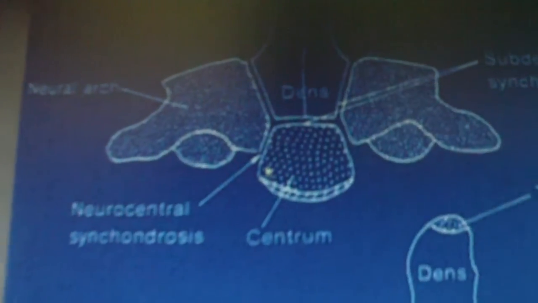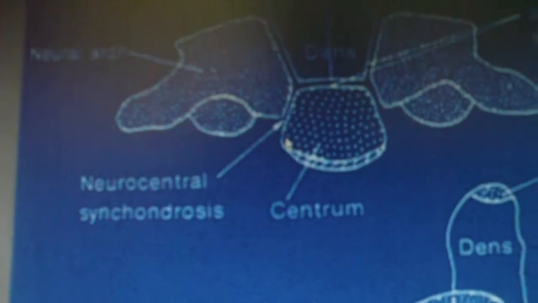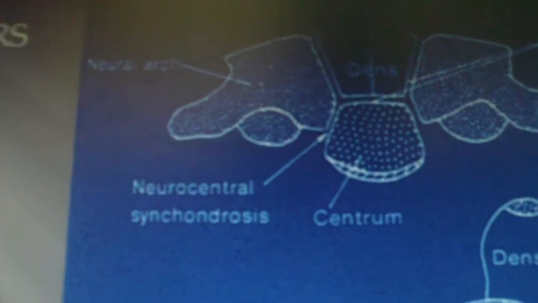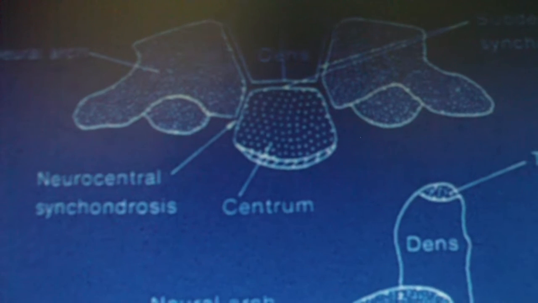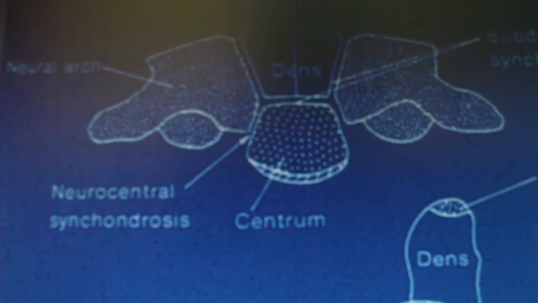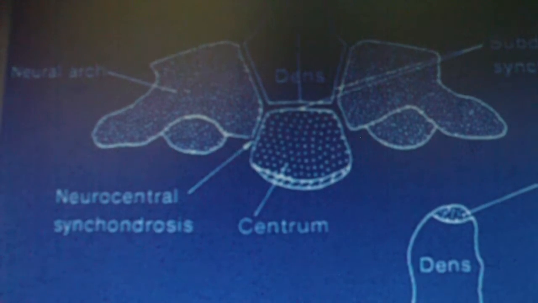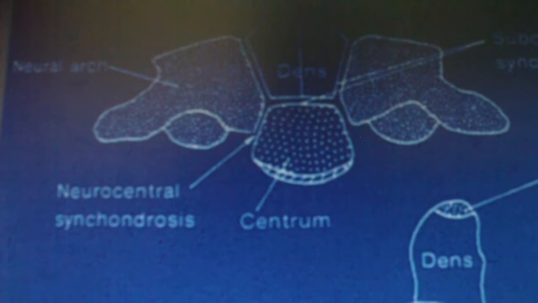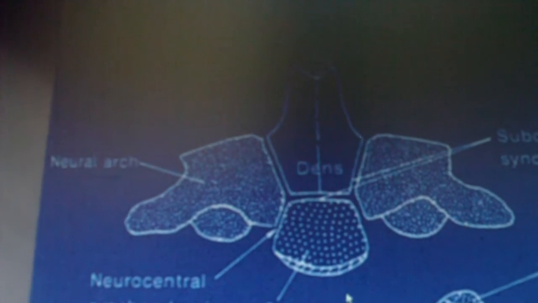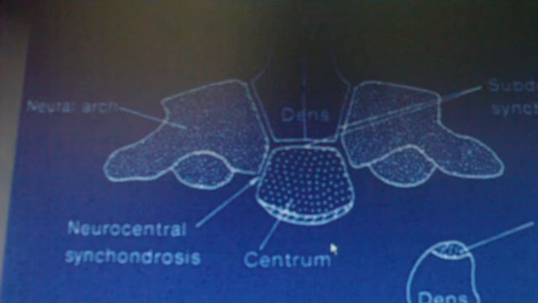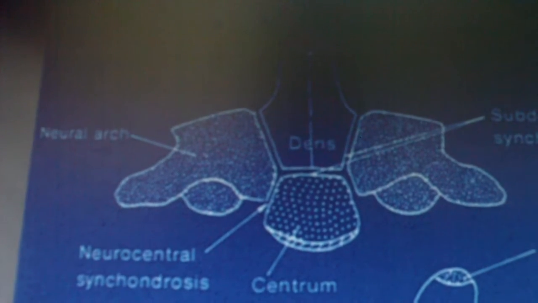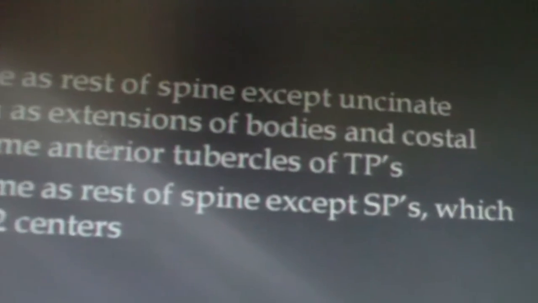Realize we talked about os odontoideum, so you can have cartilage there, and the important thing, and as you go through the PowerPoint presentation, make sure that you can determine whether it's stable or unstable. You can't do that just by looking at a neutral lateral radiograph. You have to have flexion, you have to have extension to make that determination. So just look for, you know, occiput, C1, and the ossicle going back and forward, right? And look to the spinal laminar line to see what's going on there.